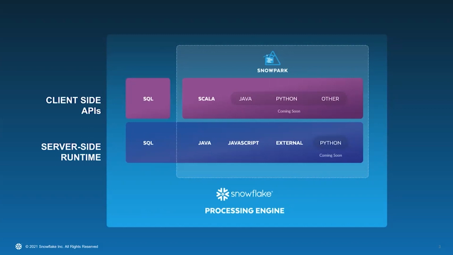But then with Snowpark, we added, for example, the ability to write Scala code outside of Snowflake. But with these Scala libraries, all of the processing of the data is happening inside Snowflake.